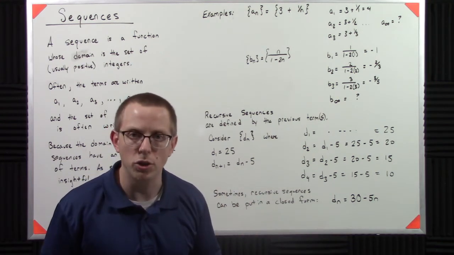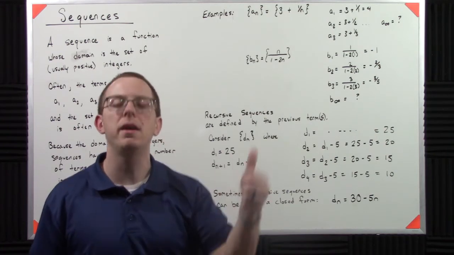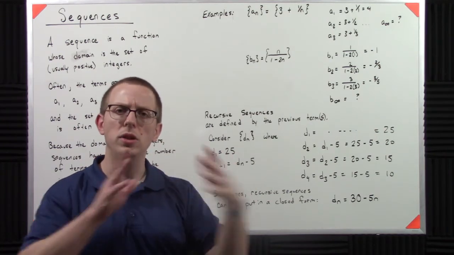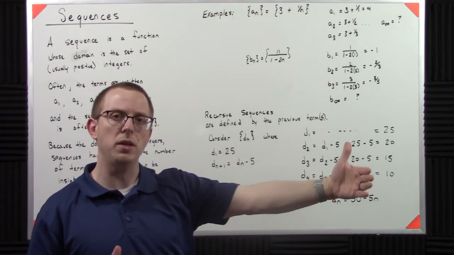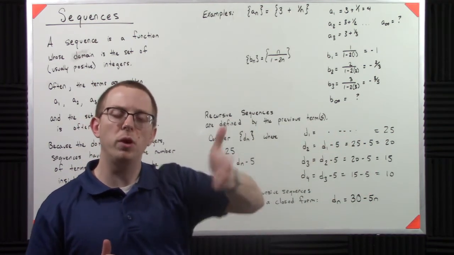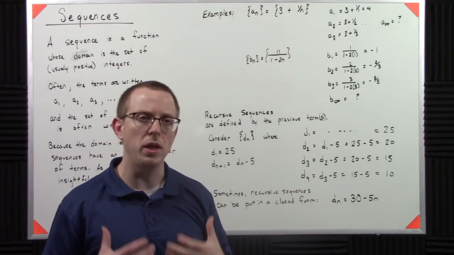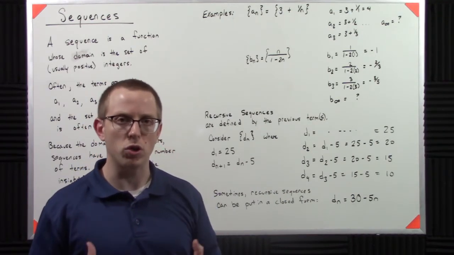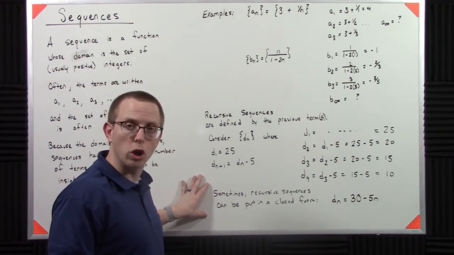But I don't know the 999th term, so I have to figure out what the 998th term is, and the 997th term, and the 996th term. You can see where that causes a lot of problems, because to get to this point, I have to compute every point in the sequence before that. That's really difficult and frustrating. So it's nice if we can write this in the closed form.